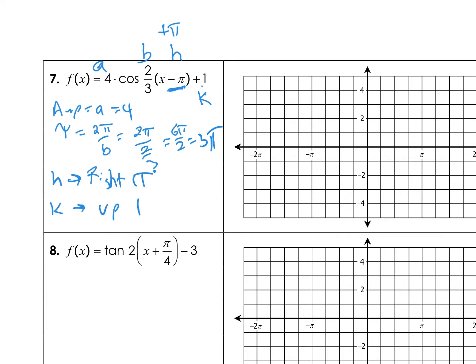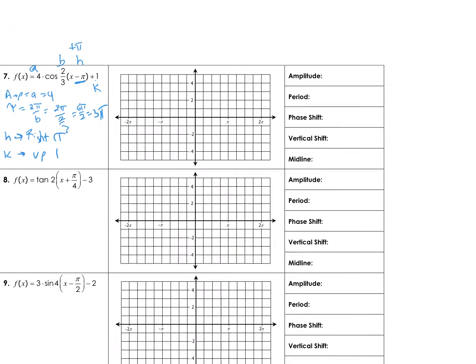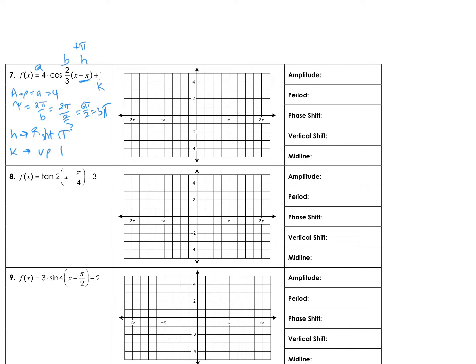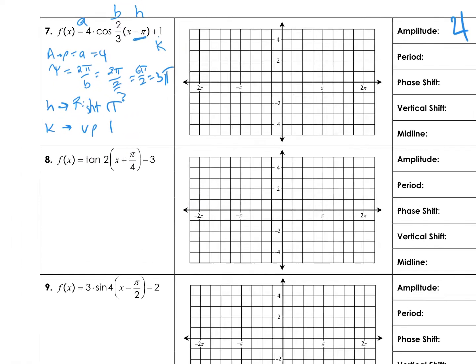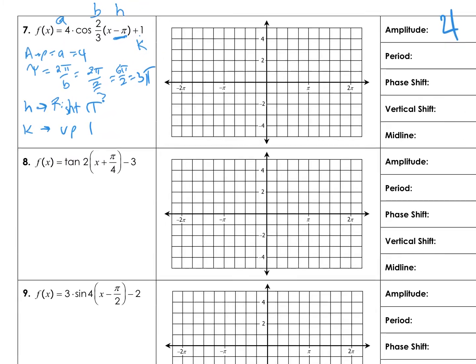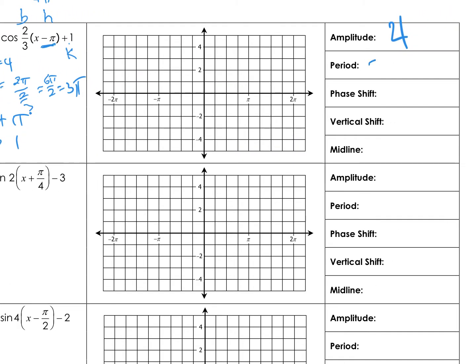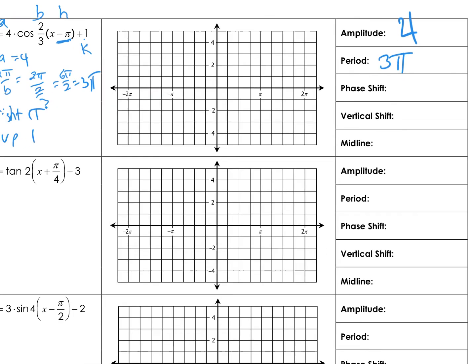So I've done a lot of information here. I can fill in this part right here. Amplitude, we said, is 4. Period, we did the work. We said the period is, what did I say? 3 pi. Wow. 3 pi. The horizontal phase shift, that's left or right.